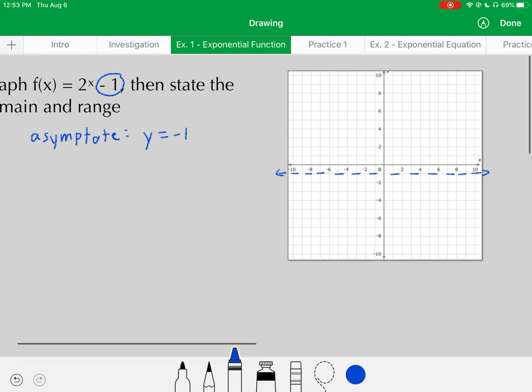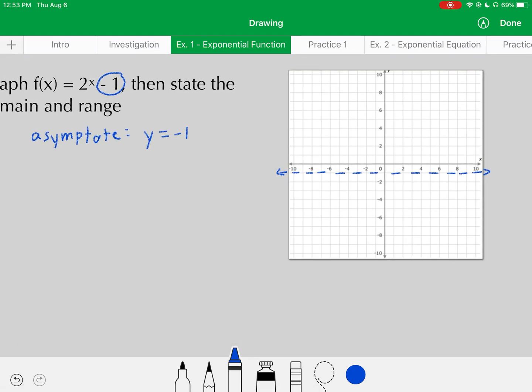All right, so now I'm just going to simply graph this function by making a table, right? And I'm just going to choose 2 negative values for x, 0, and then 2 positive values for x, all right? So f of negative 2 would be 2 to the power of negative 2 minus 1.